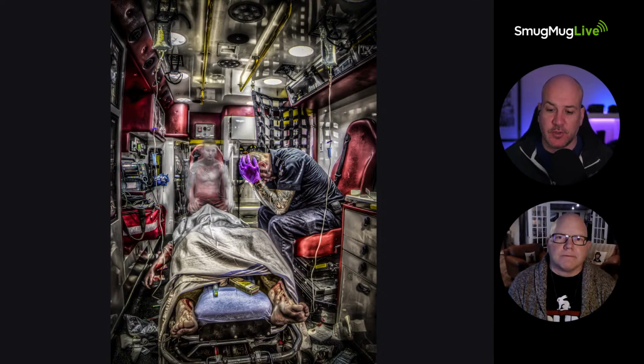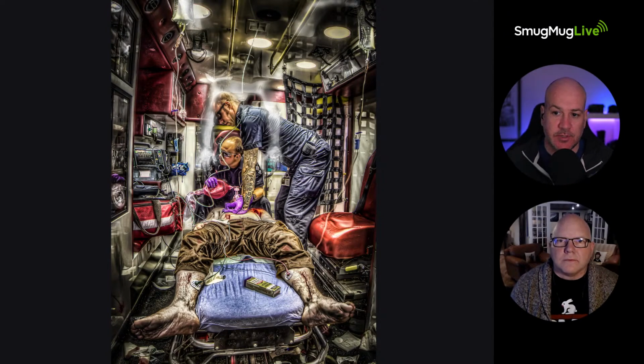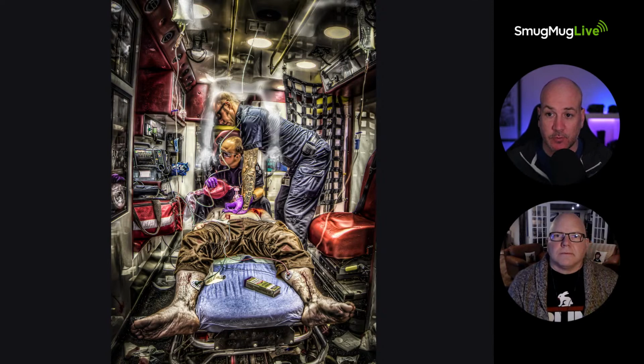But from a photographic point of view, with these first two images, for all intents and purposes, it looks like you're standing at the doorway of an ambulance photographing someone dying on a gurney. So how do you go about reenacting this and putting these first two images together, especially with your first ones, right?